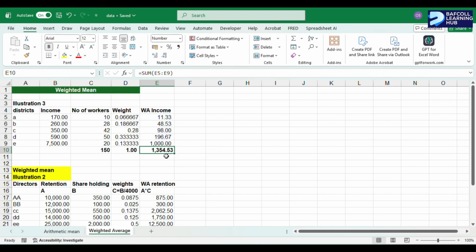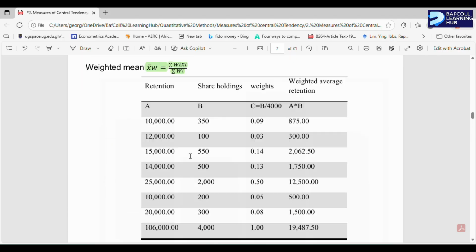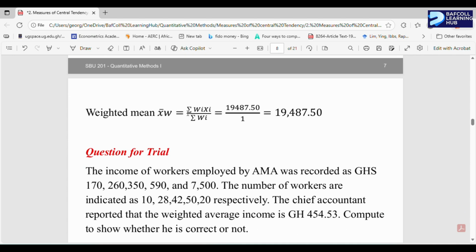Now I can compute my weighted mean. We have the formula over here, so the weighted mean is this divided by this.